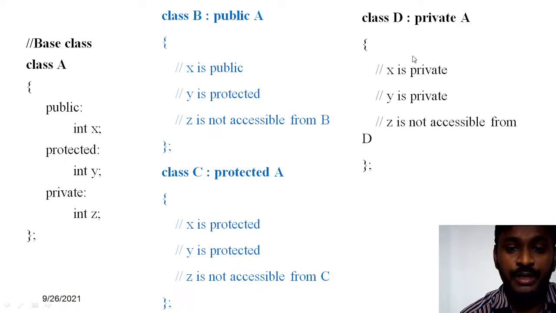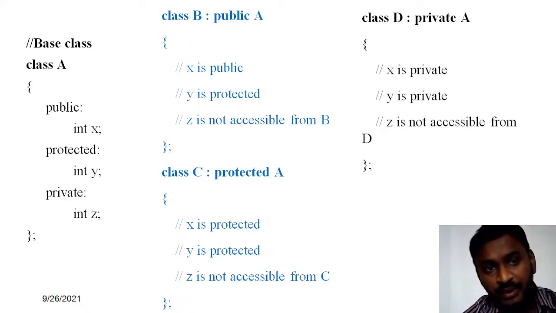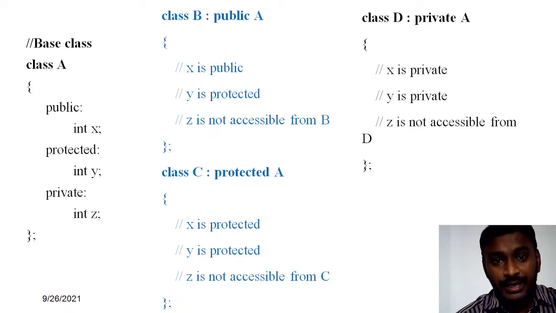Now come to the derivation of class D. Class D derives privately from class A. So all the data members, x, y and z, whether public, protected or private, become private, meaning they are not accessible by class D. Note that the private data members in the base class are not accessible directly by the derived class.